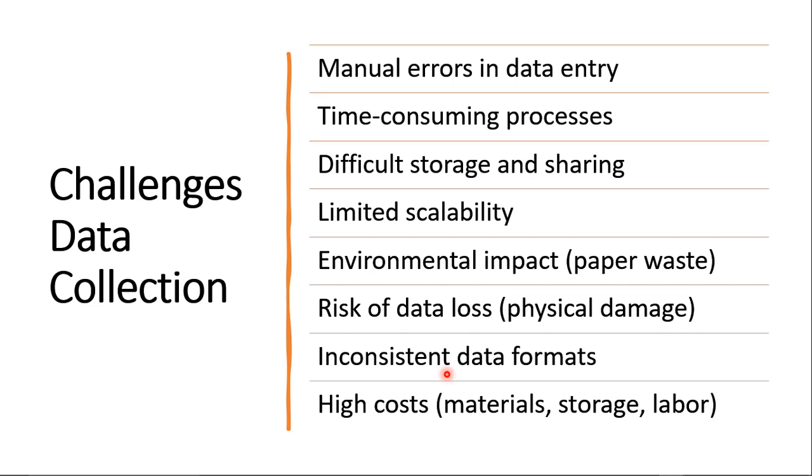And then there's also inconsistent data formats. This is one of the challenging things. I'm sure data analysts here can agree with me. Inconsistent data formats. What we mean here, let us say the variable that you are collecting is diagnosis. I'm much into medicine, so bear with me here, but this presentation is for everyone, including those in social sciences. So maybe the diagnosis is the variable that you are collecting.